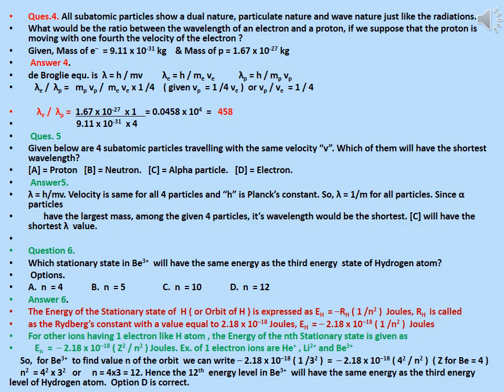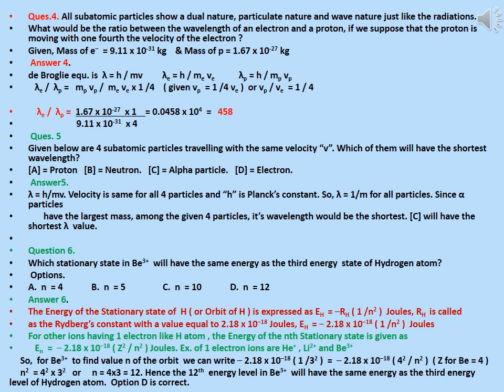For hydrogen atom, if an electron is in the third orbit or third energy state, its energy would be equal to minus 2.18 into 10 power minus 18 into 1 by 3 square, substituting n as 3.